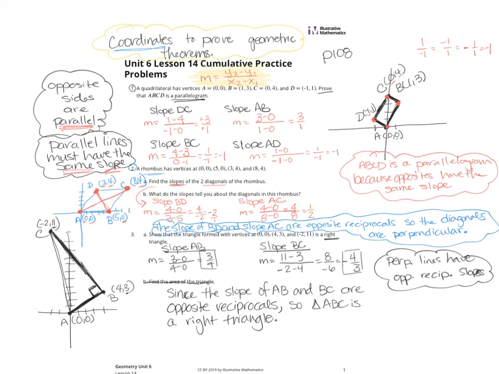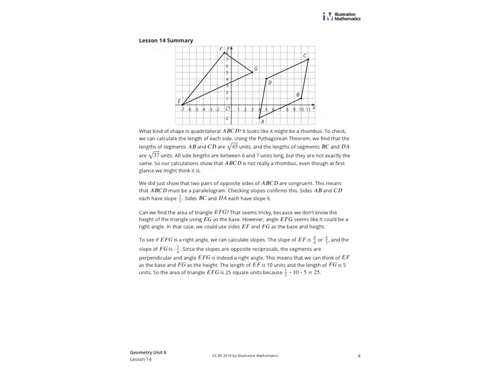This is page 107. Sorry, let me move through. So this is page 107 of your book. They are really doing what we just did, and it's written in paragraphs. You're welcome to read through here, but I just want to talk for a moment about these. So this first one right here is a right triangle.